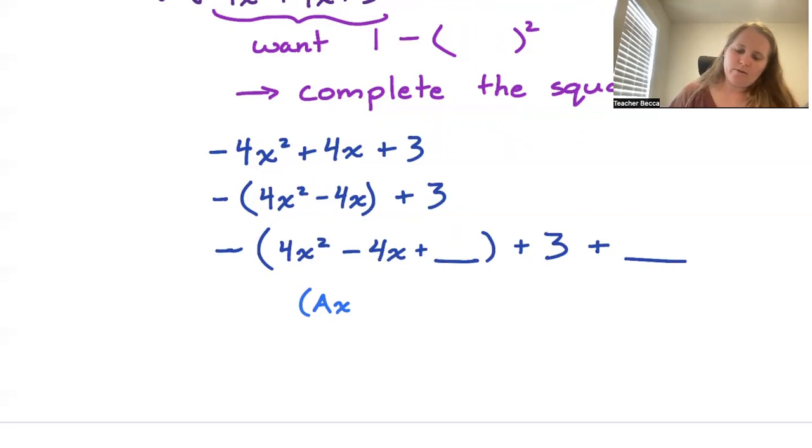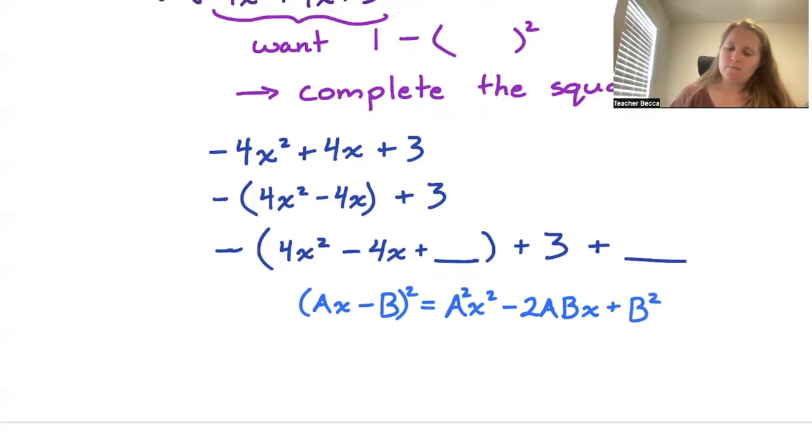Remember, if we have ax minus b, squared, that comes out as a squared x squared minus 2abx plus b squared.